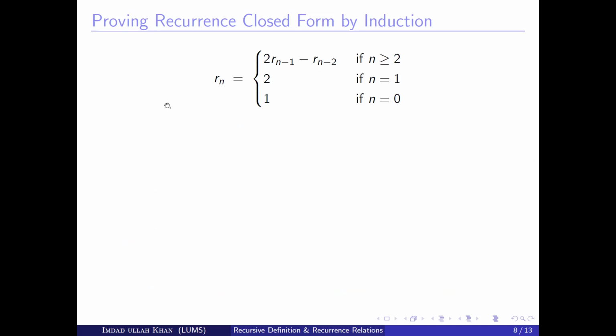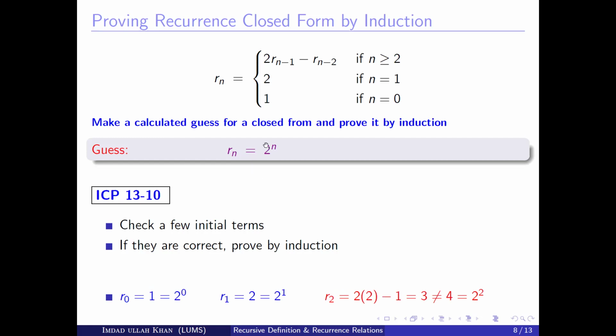This is another example, again the same recurrence with different base cases. Make a closed guess. Pause the video over here, make an informed guess, and observe the first few terms. If you have successfully observed them, you might have landed on the conclusion that this is an exponential function. Check a few initial terms and see if they're correct. And you will see very soon that the guess is not correct, which means that we have landed onto something which does not hold true.